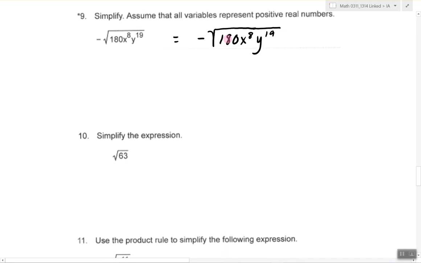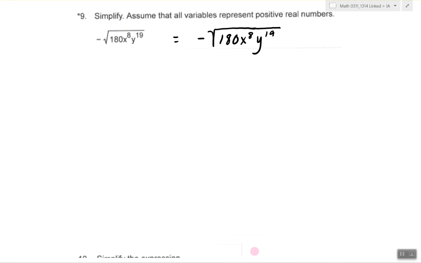If you make an entire chart, you'll see that it does not fall under the perfect squares. So I'm going to play with it for a minute. I'm going to factor this, and you've probably done factor trees before.